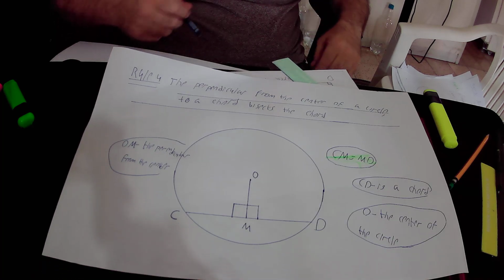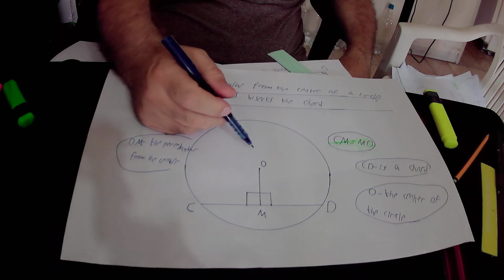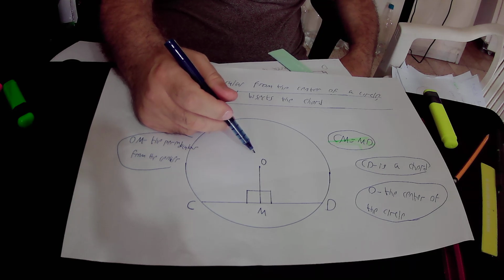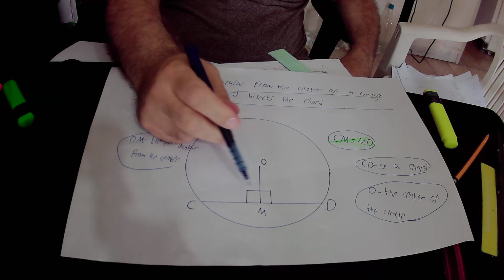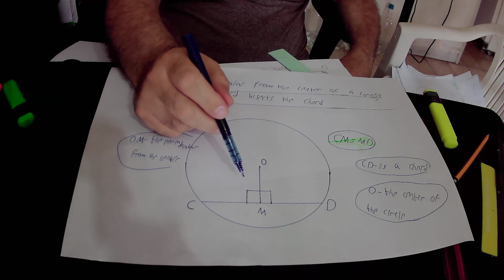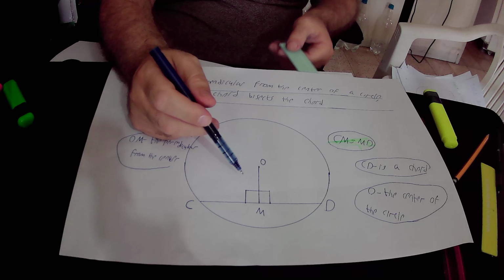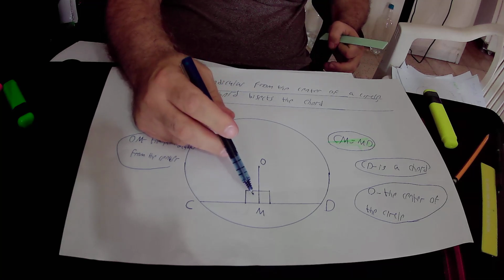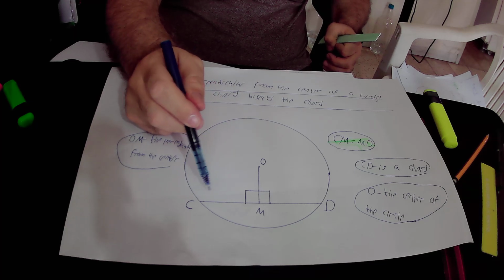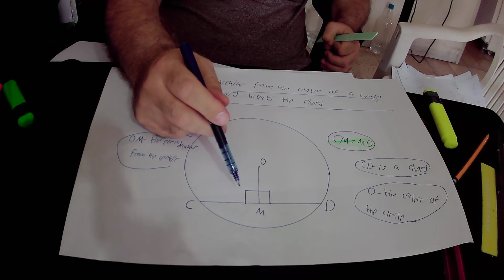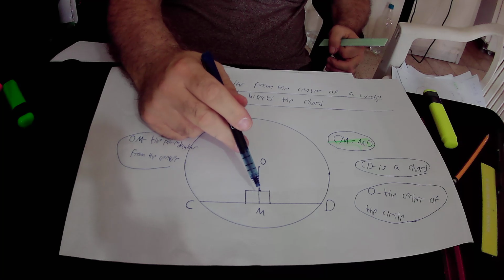Here, from the center of this circle, that is point O, we draw the perpendicular OM on chord CD, and according to rule number 4, the perpendicular OM bisects chord CD. That is to say, it divides it into 2 equal parts. That is to say, CM equals MD.